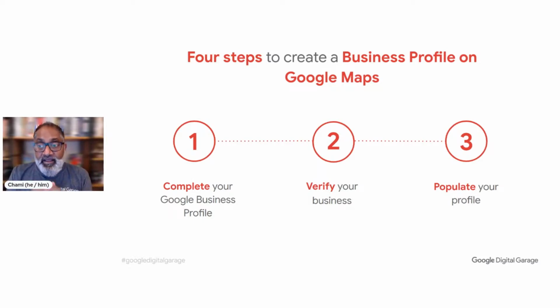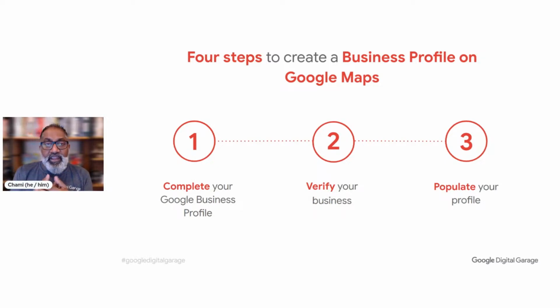So with that in mind, just talking to you about the actual process itself. You need to complete your Google business profile. And when you're talking about the business profile, here we're talking about things such as location, your address, category, website, whether you've got a phone number and open hours that you want to share with people, and the description of your business activities. Again, I'm going to go through in detail in a few moments' time.